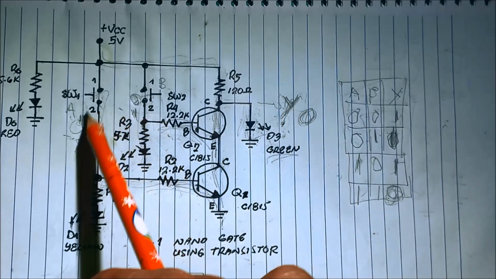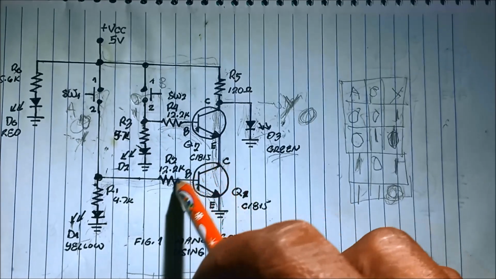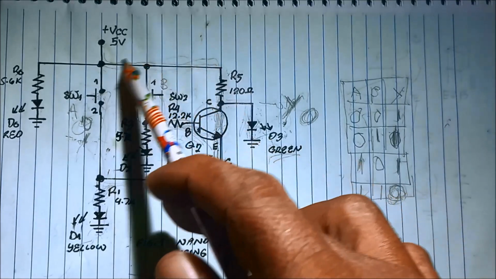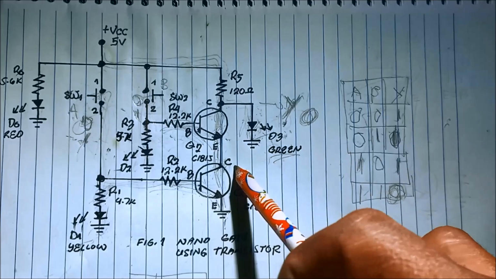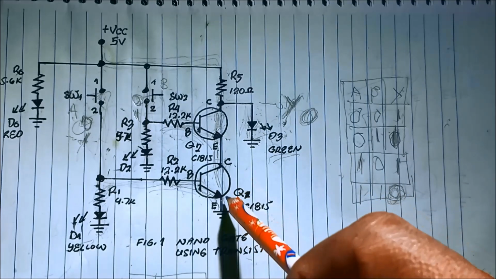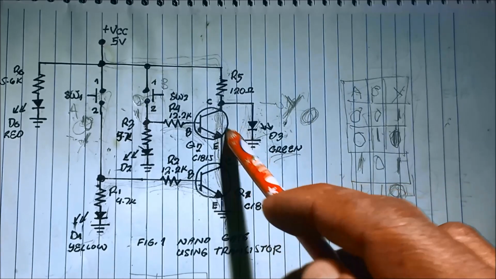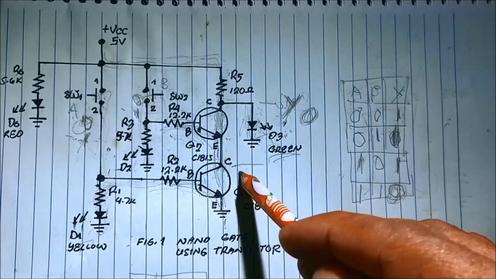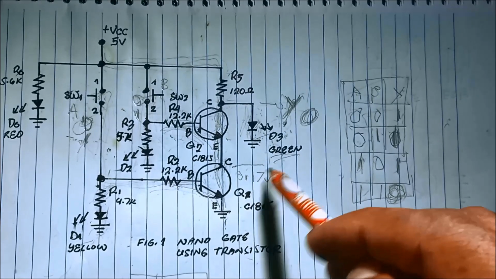So if we both press the switch again, this transistor turns on, and also this transistor turns on, causing the current to flow from collector to emitter of the first transistor, and then collector to emitter of the second transistor. This transistor will saturate, and it has 0.7 volts.